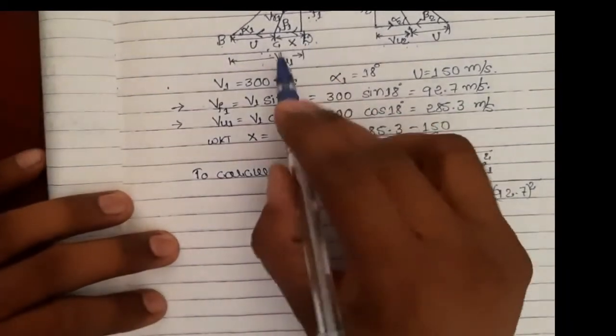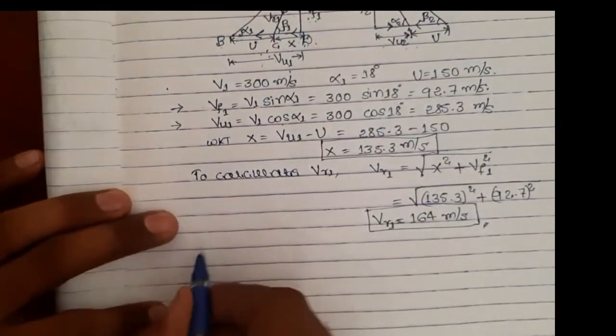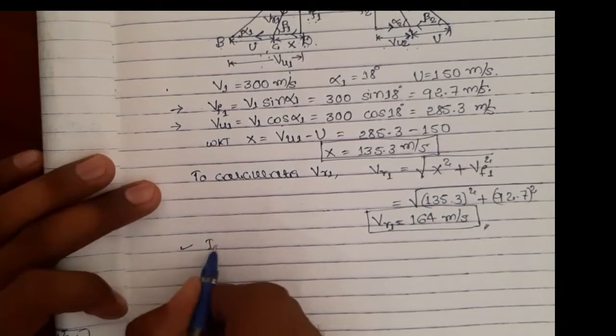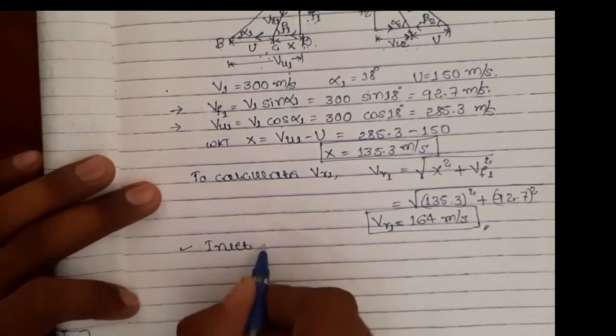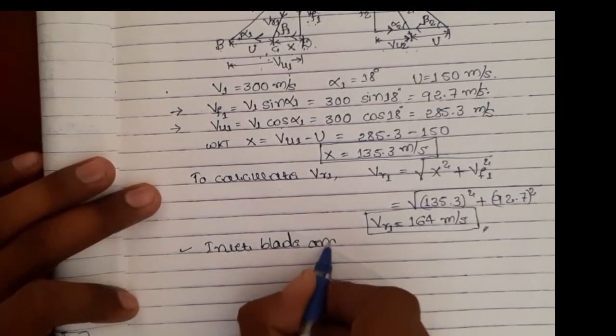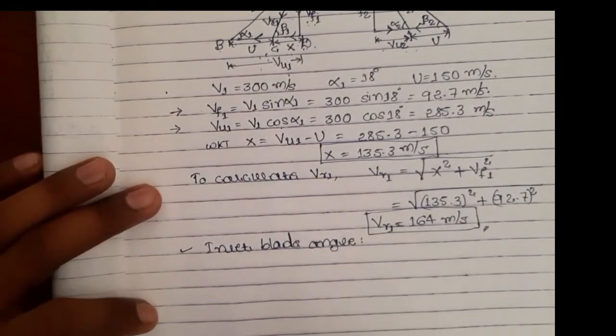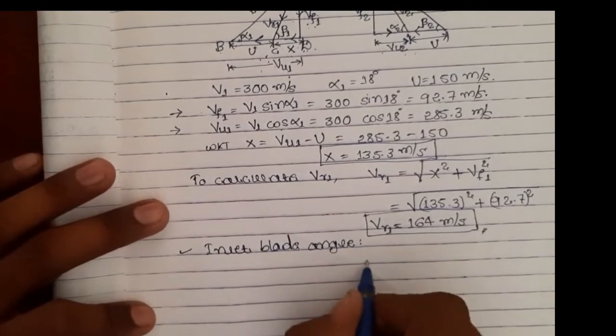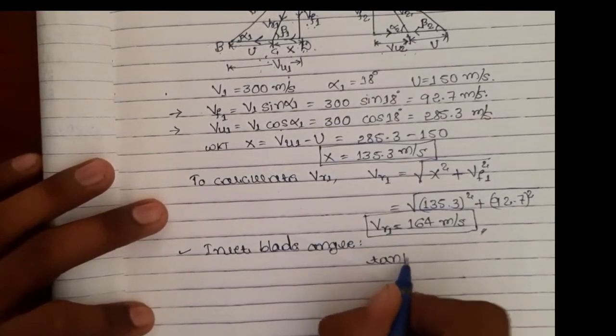Now, since I know all these sides, I shall calculate the inlet blade angle, the inlet blade angle beta 1. I know all three sides, so I can use any of the angles and then calculate beta 1. So generally we use tan beta 1.